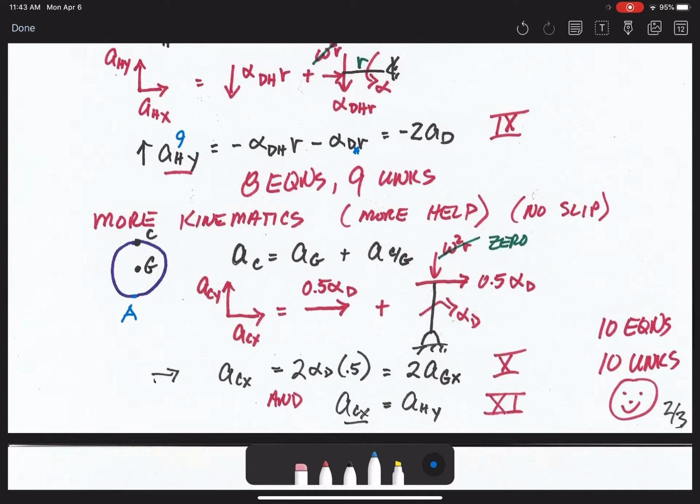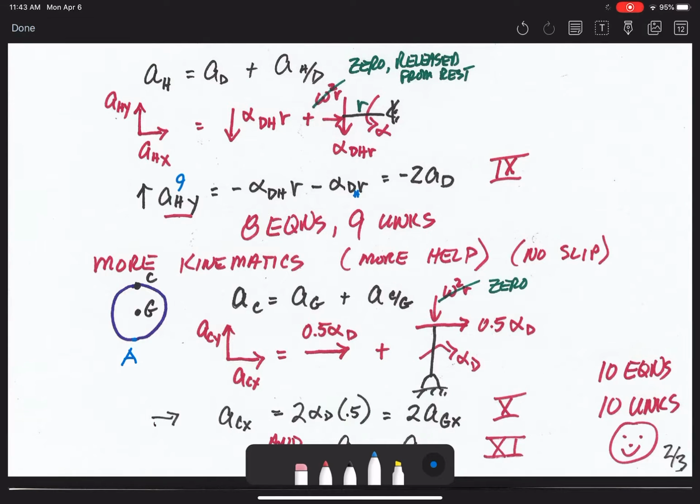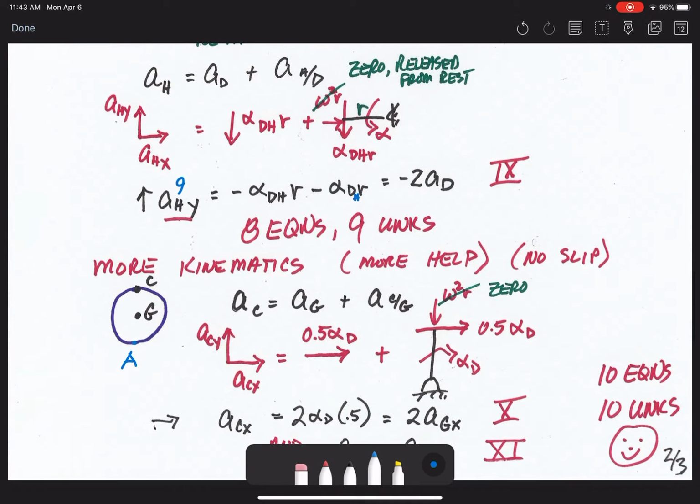So again, relative acceleration for the disk, similar to the process we used to find AH. It will be ACY, ACX, and then AG moves horizontally, so it will be AGX, equal to 0.5 alpha D, because we assume no slip. We already assumed originally a no slip disk.